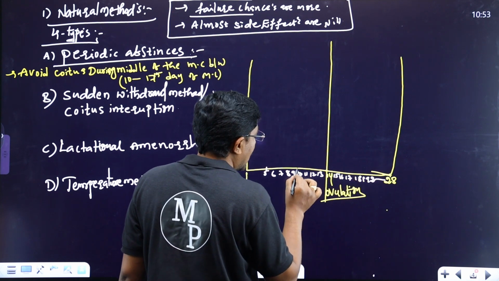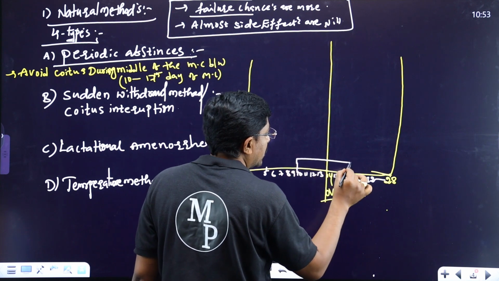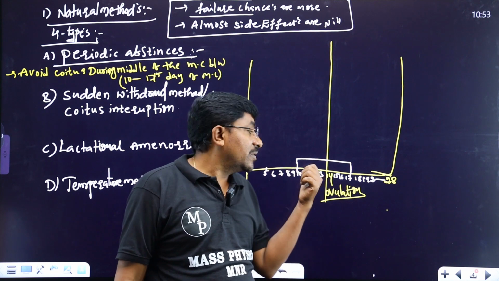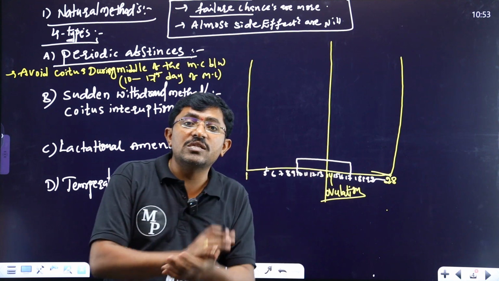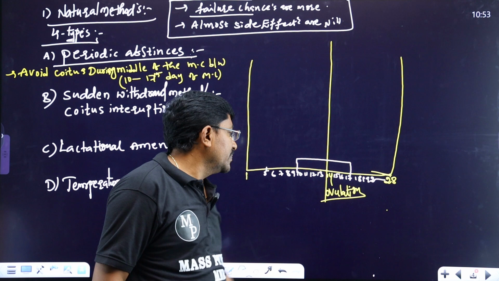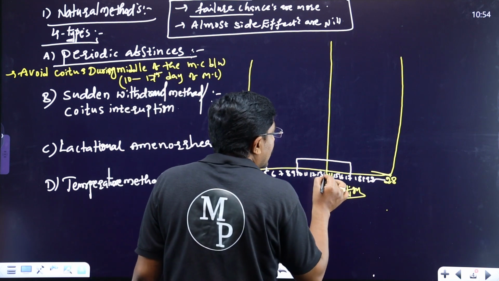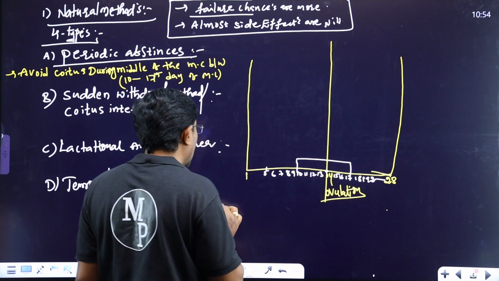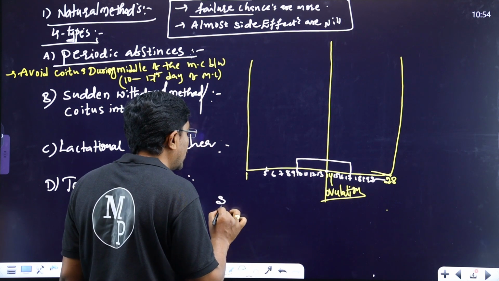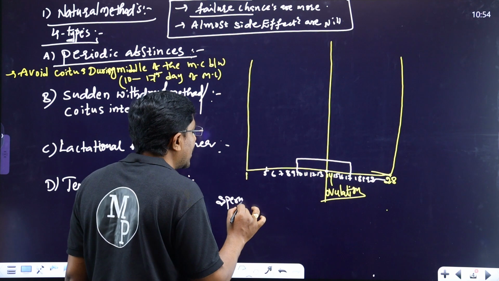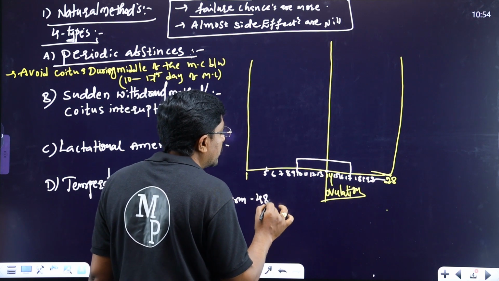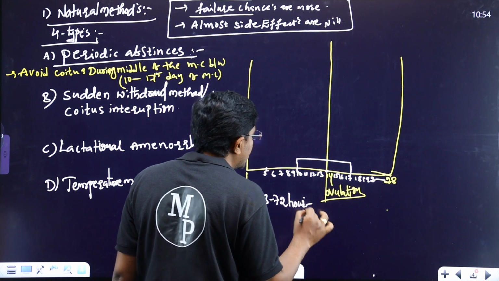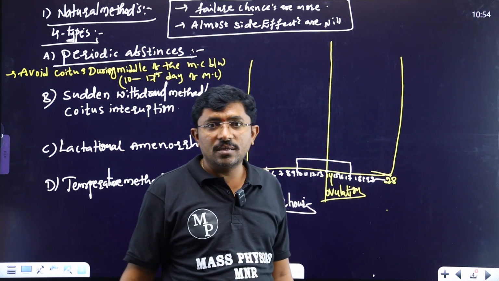See, avoid the coitus between the 10th to 17th day, and by that there is no chance to conceive. The reason: generally the ovulation takes place on the 14th day. What is the lifespan of sperm? Sperm lifespan is 48 to 72 hours only, meaning 2 to 3 days.